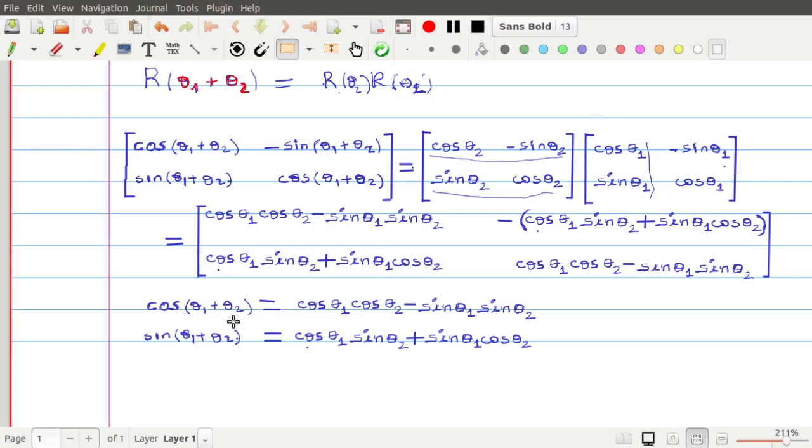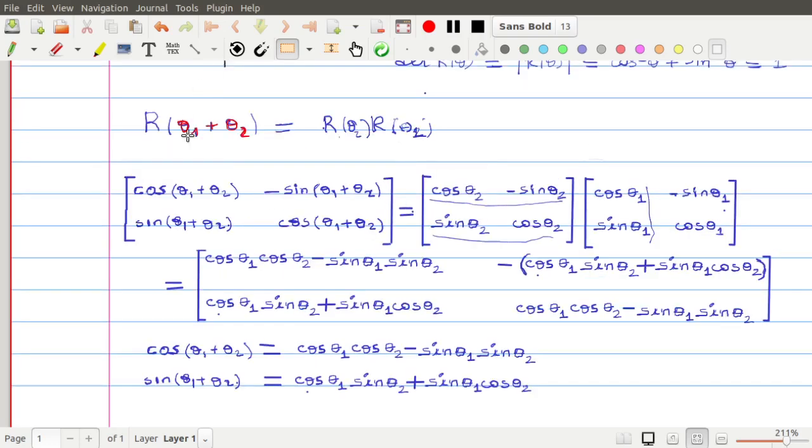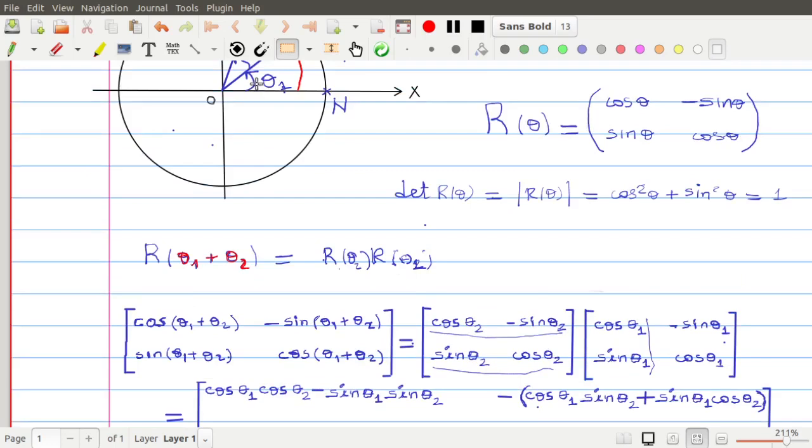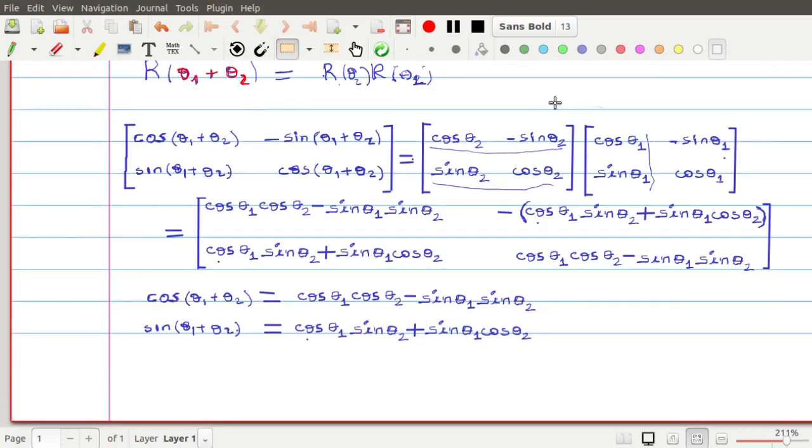We can repeat with a negative and do exactly similarly. But we can use the result knowing that cosine and sine are even and odd, though we have not proved it yet, to obtain the other formula.